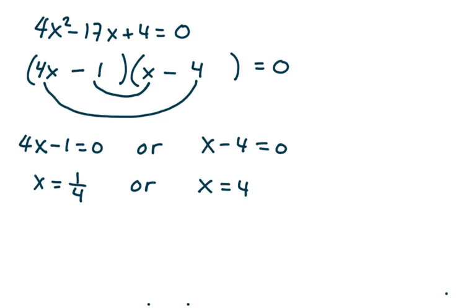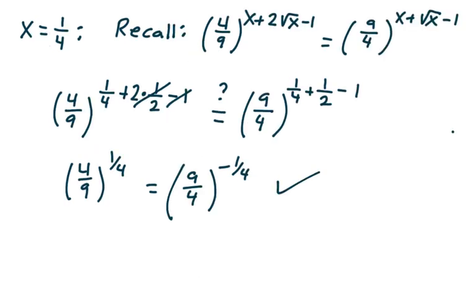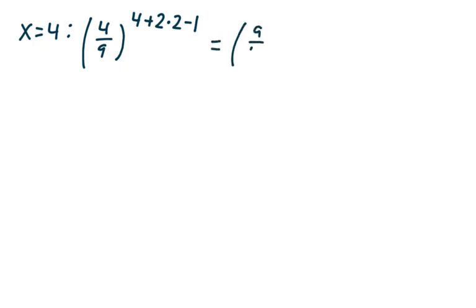Now, I need to check x equal 4. So I get 4/9 to the 4 plus 2 times 2 minus 1. Square root of 4 is 2, by the way, right? Now, on the other side, I get 9/4 raised to the 4 plus 2 minus 1.